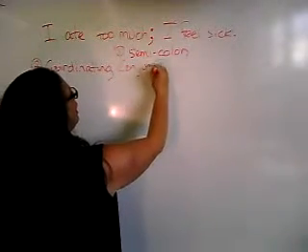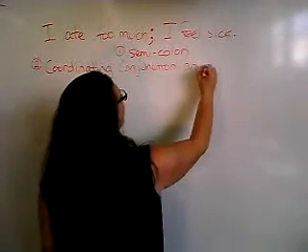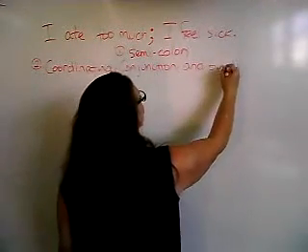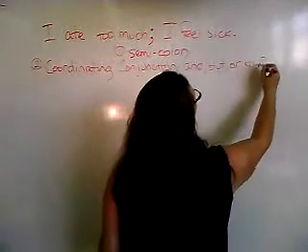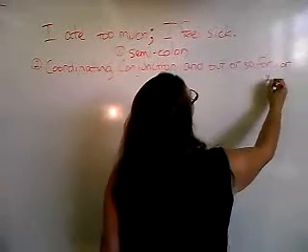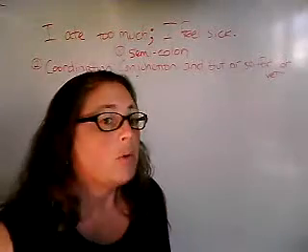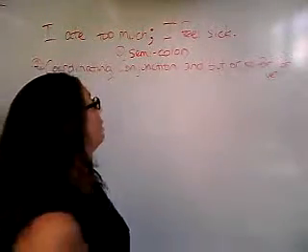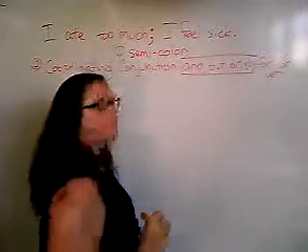The coordinating conjunctions in English: and, but, or, so, for, nor, and yet. The most common ones, of course, that we use are these right here.